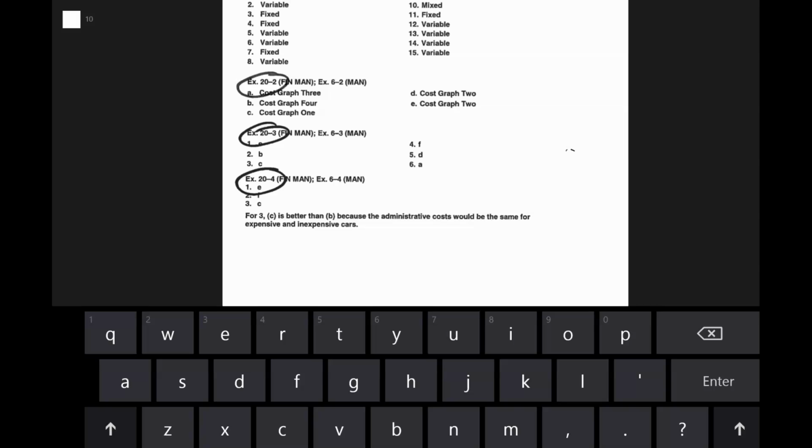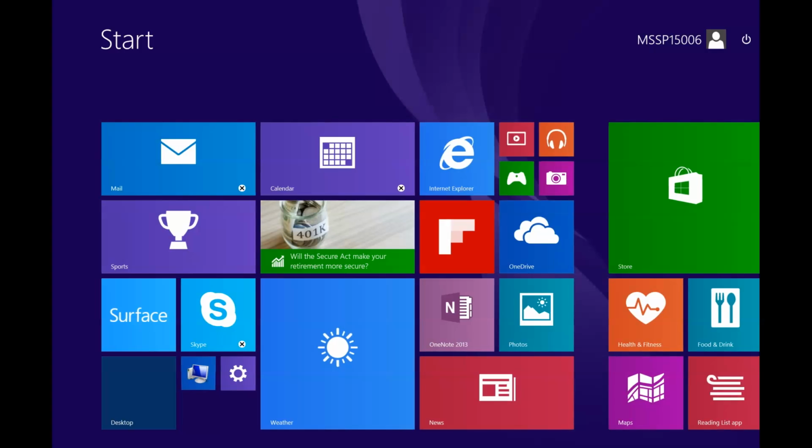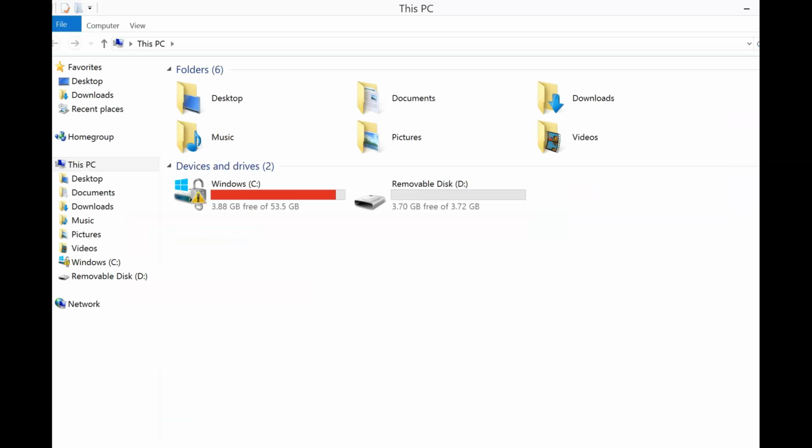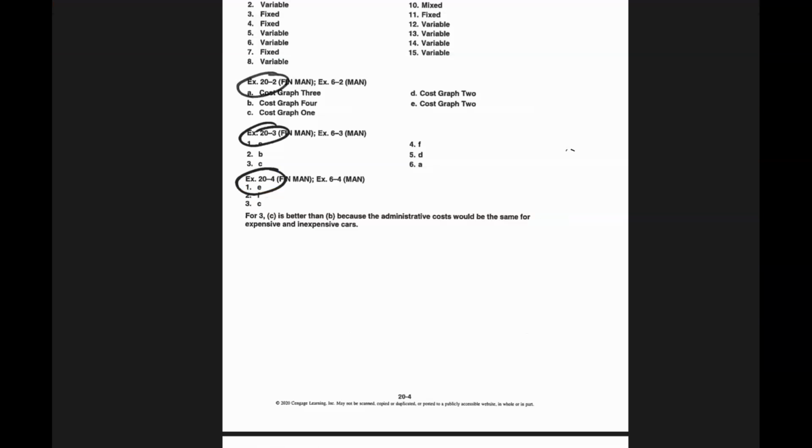Number 4. From the following list of activity bases for an automobile dealership, select the base that would be most appropriate for these costs. So number 1 is preparation costs. Which would be the best activity driver there?